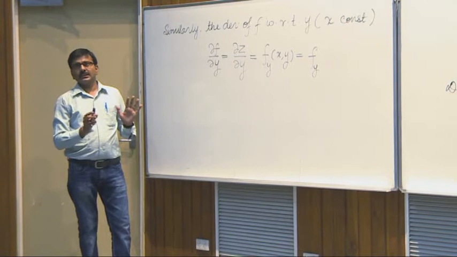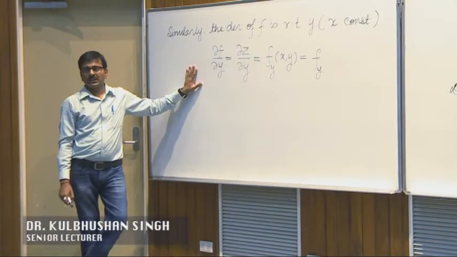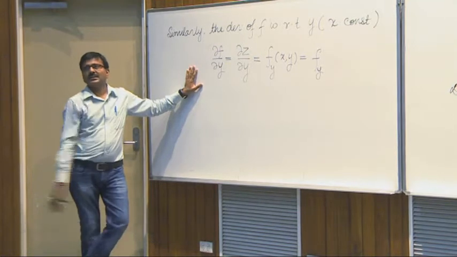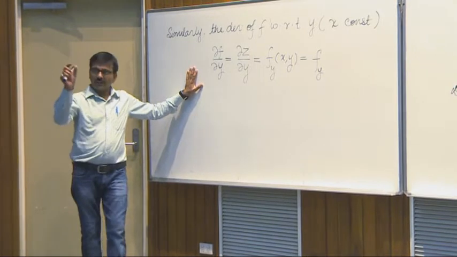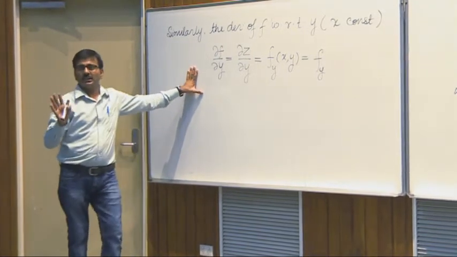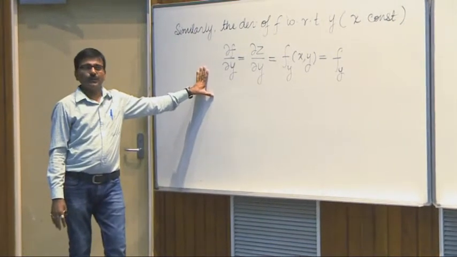So these are the notations we will use. When I take one example, it will be more clear to you. As I said, one variable we will treat as constant, and with respect to the other variable we will do our differentiation.